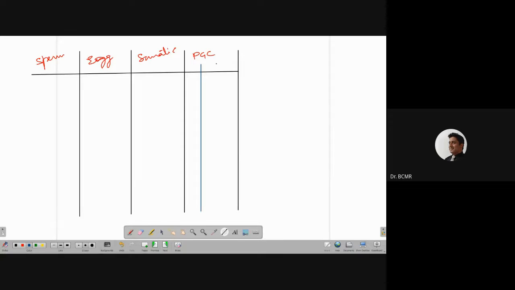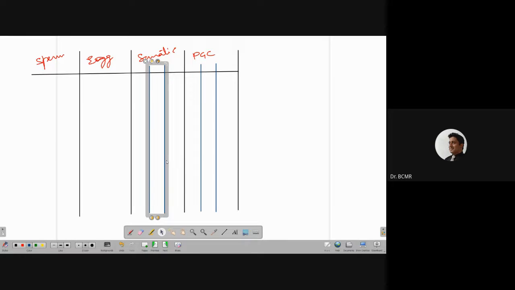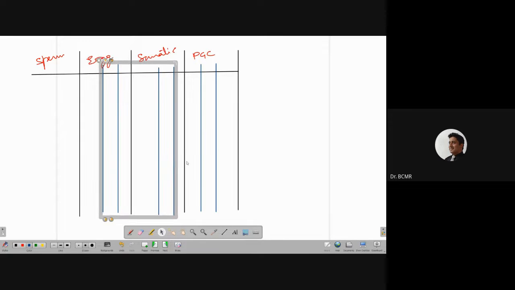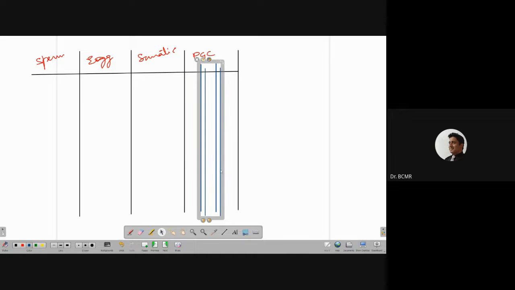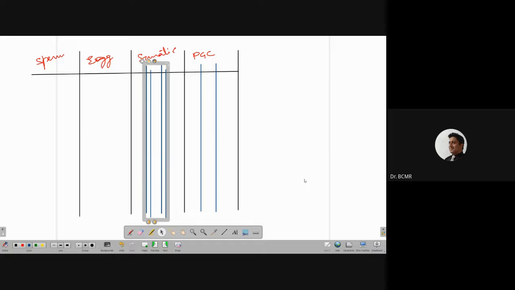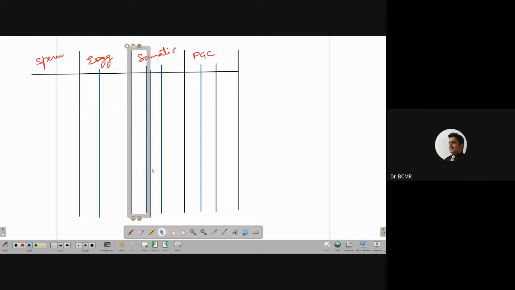We would have isolated DNA from each of them. So what we are going to do is take this. One second. Something is not working.